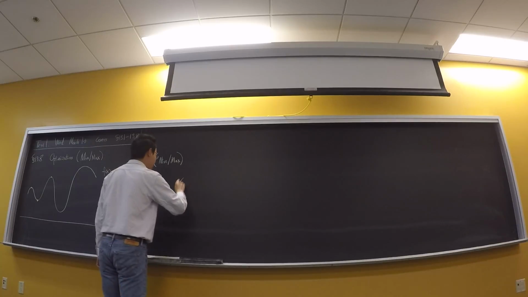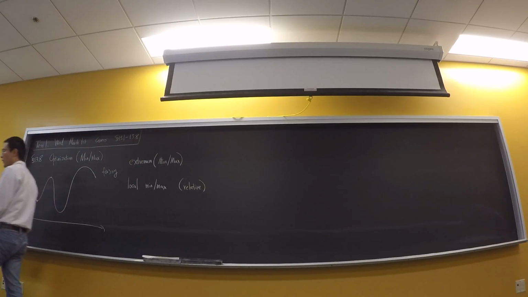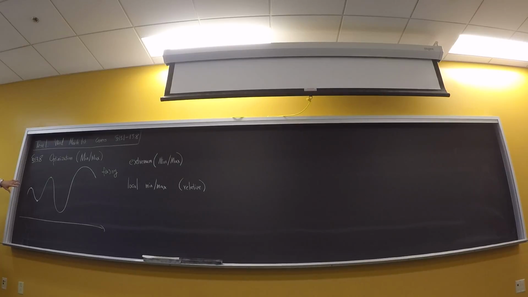And sometimes it's called a relative minimum or maximum. I'm not going to write down the definition as long as you already know what they're talking about. Right? So these points are local minimum. This is also local minimum. This is a local maximum, and local maximum.